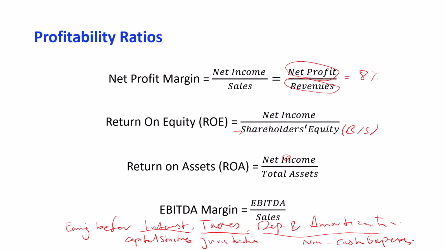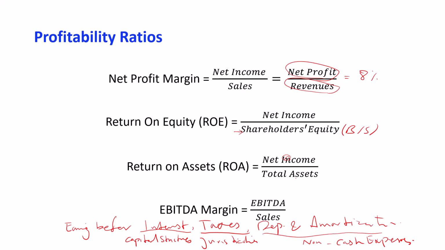So like Ford uses GAAP and Volkswagen uses international financial reporting standards. So how they treat depreciation and amortization is also different. The amount of taxes is different. Their capital structure is very different, right?